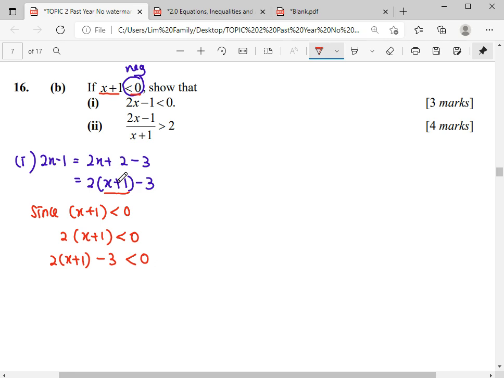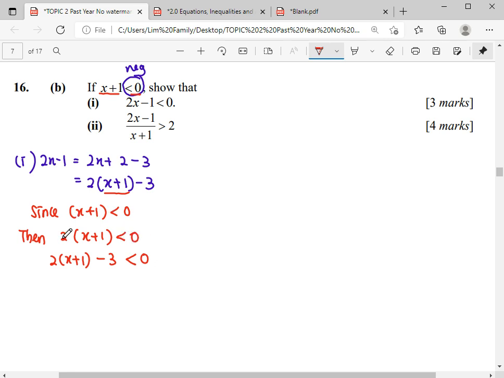Since this factor is negative, the negative part times 2 is of course still negative, so it is still less than 0.